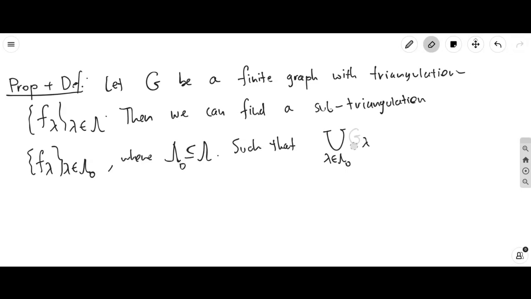So we know that if you take the union of the edges over all of lambda, you get the full graph that you started with. So this is going to give you a subgraph, such that this contains all the vertices.